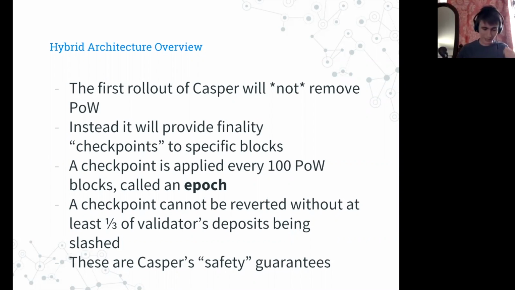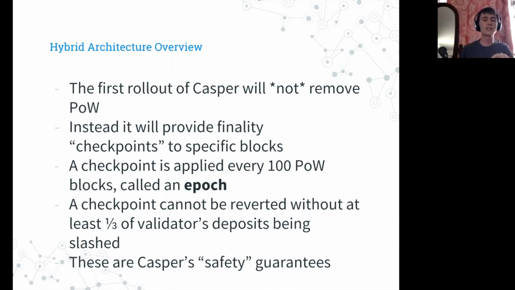Now, what that means is if you have two conflicting checkpoints, which are both finalized, and that means you have 2/3 of the validators say one chain is the correct chain, and 2/3 of validators say another chain is the correct chain, then at least 1/3 of those validators has to have voted on both chains.